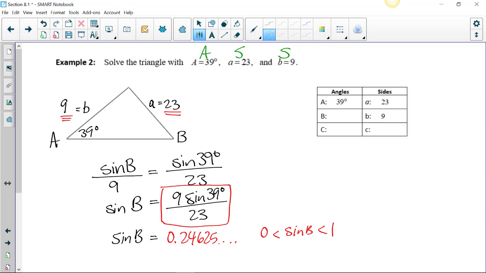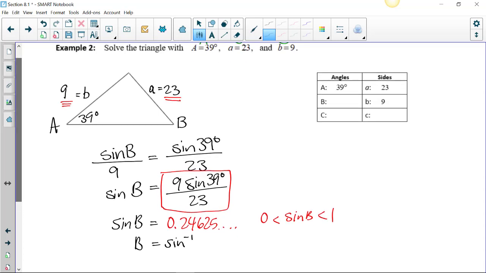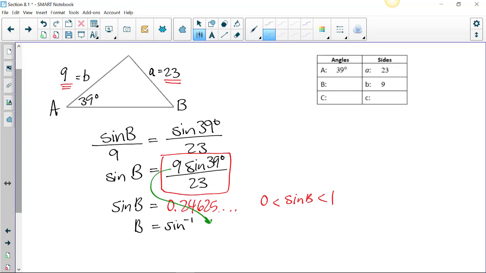Okay, so I can find this angle B by doing the inverse sine. You can always go with just putting this exact value in, or put it in your calculator and then do the inverse sine of that decimal. But you want to use the exact value, do not round and then find the angle.